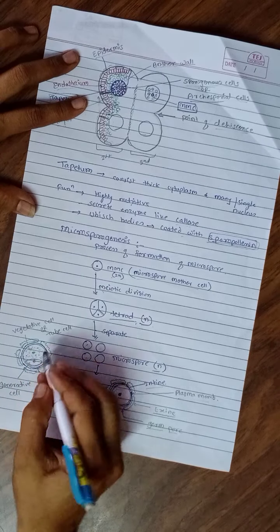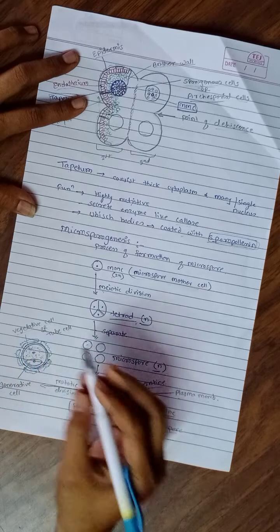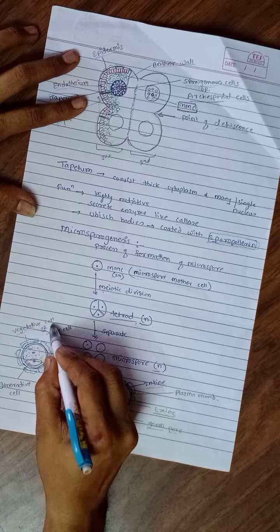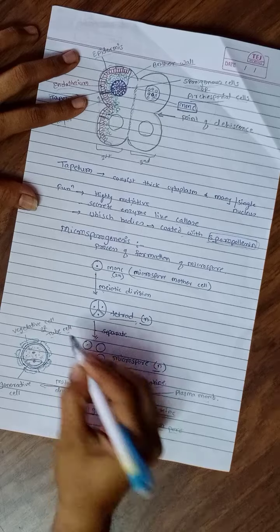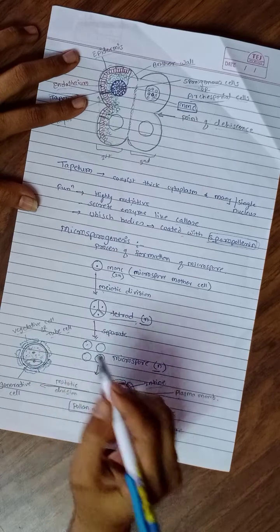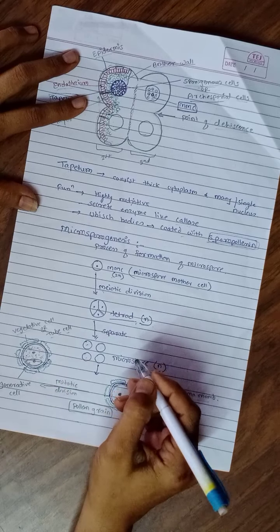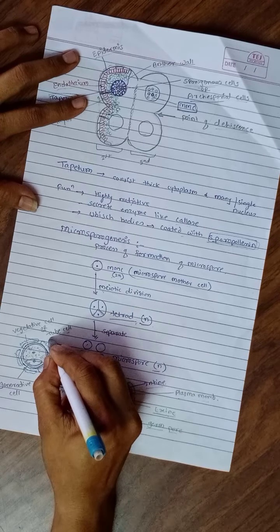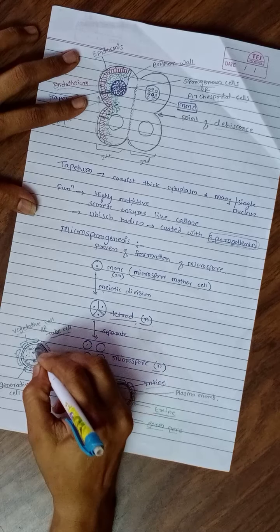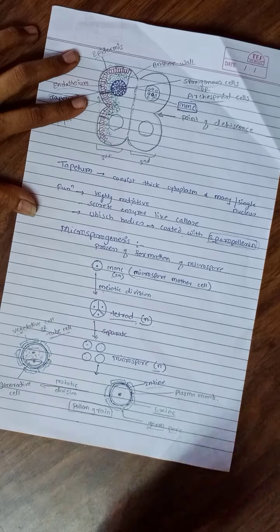This bigger cell is known as the vegetative cell, which consists of more cytoplasm, and it is also known as the tube cell, because when these pollen grains fall on the stigma, at that time the pollen tube is formed, and this pollen tube is formed by this vegetative cell or tube cell.